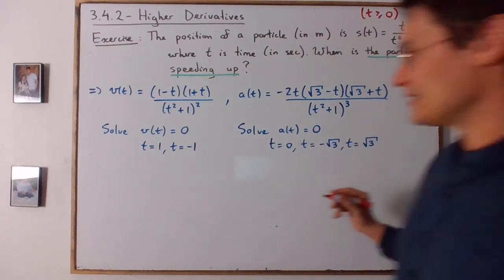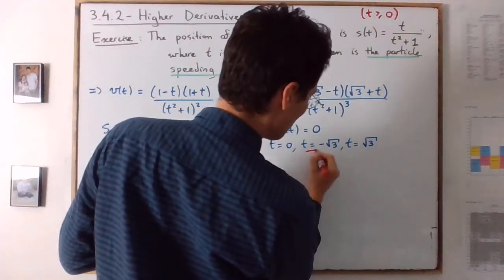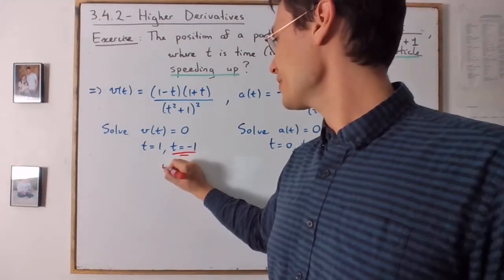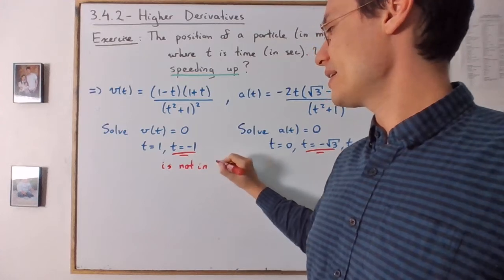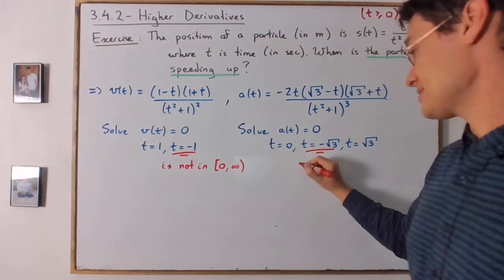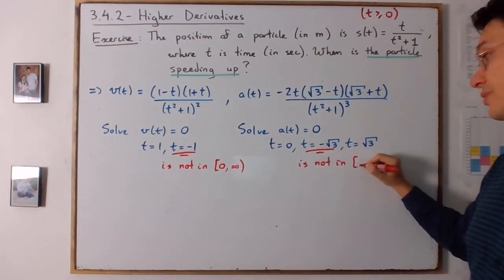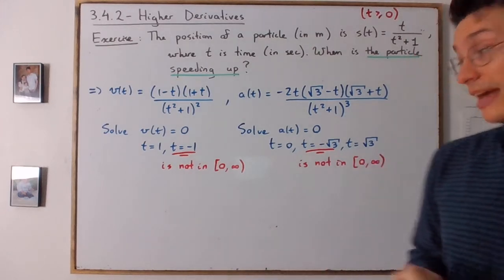So what does it mean? It means that t equals 1, negative 1 is not in the interval, and t equals negative 1/3, negative square root of 3 is also not in the interval. So in 0 to infinity, same thing here, it is not in 0 to infinity. Now here's what the sine chart looks like.